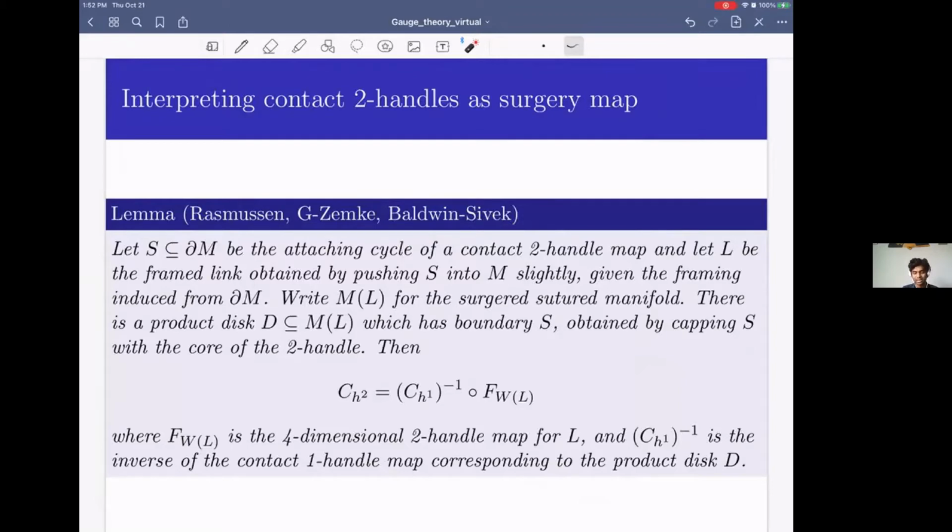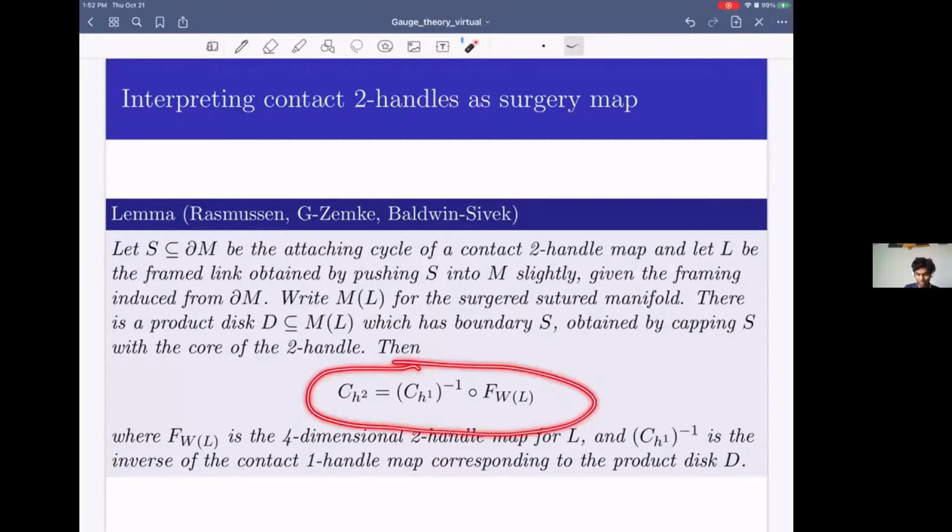You have some attaching cycle of the contact 2 handle on the boundary of the sutured manifold, you push it into the interior of the manifold, and then you do zero surgery with respect to the boundary framing. That follows from their definition, so there is nothing to prove there. In Heegaard Floer theory, this formula was first given by Jake Rasmussen, but to the best of our knowledge, a proof of this formula has not appeared in the literature. So we first proved this lemma.